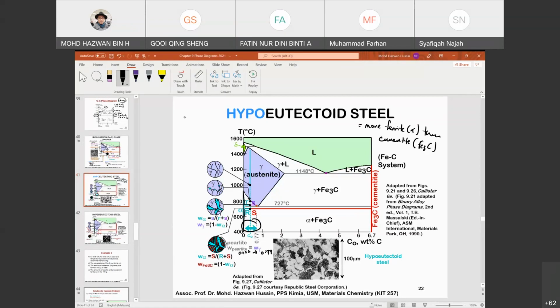Okay, so I give a few points over here. So there's a possibility that it forms solid austenite. You will see formation of polycrystalline gamma. And then when it enters this region, this region is known to be gamma plus alpha. Okay.